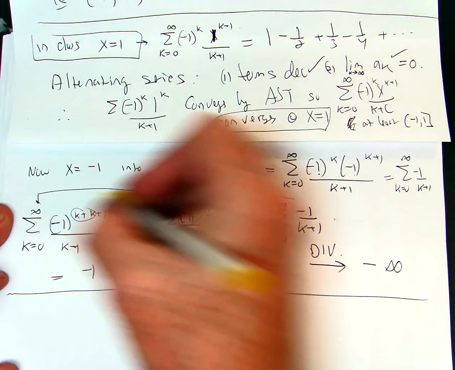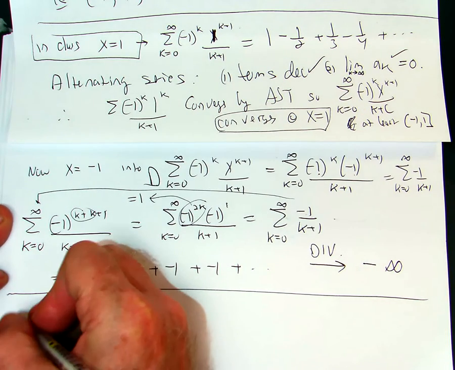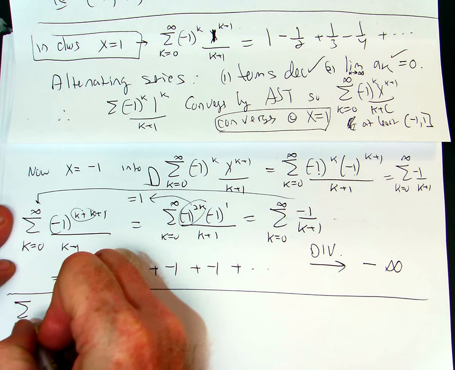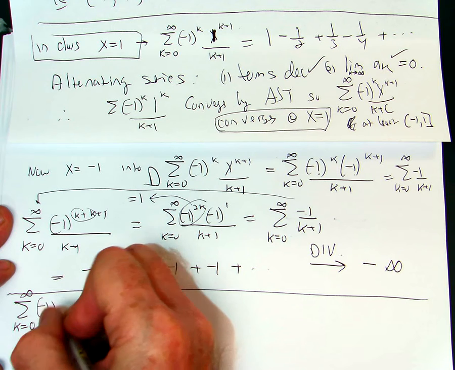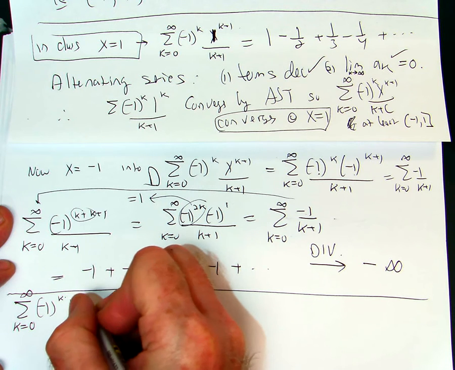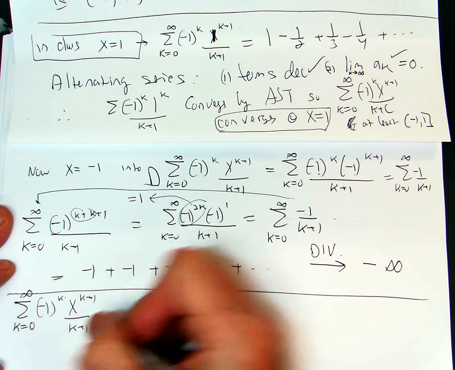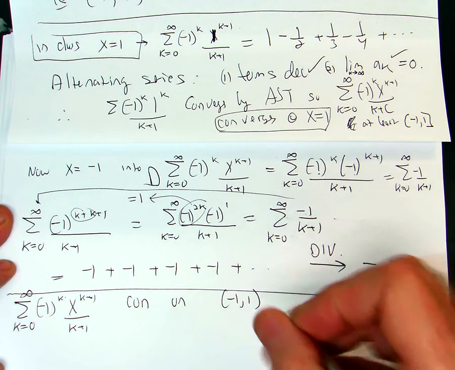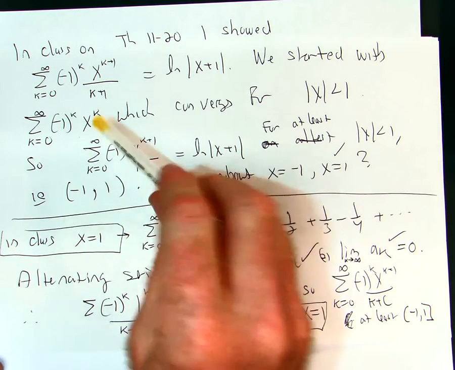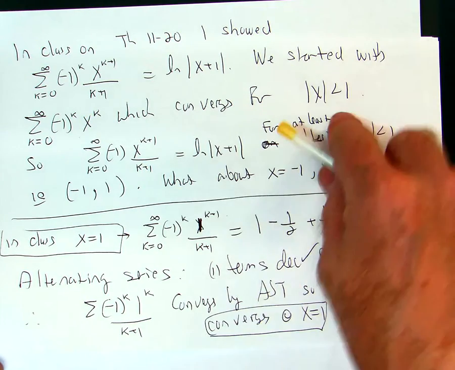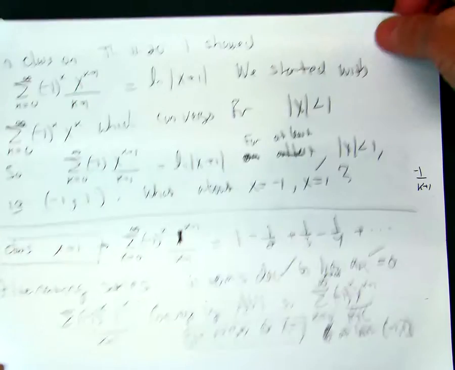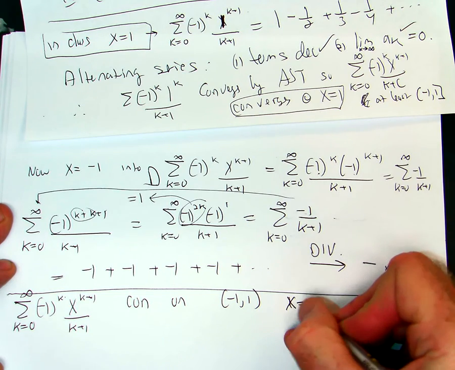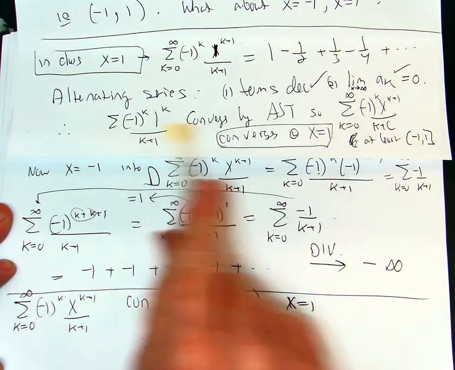So here we get a big divergence, the scarlet D. So we have that the given series converges on -1 to 1 because we started by integrating this series, which converges on -1 to 1. We know that it converges at x equals 1. Well, that's what we showed here and in class.